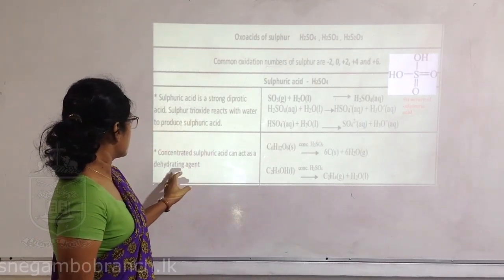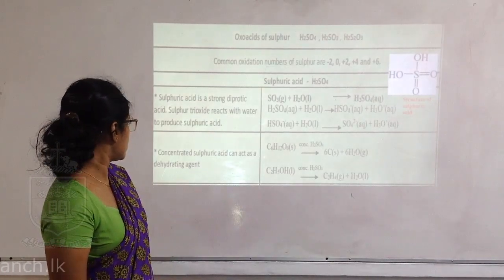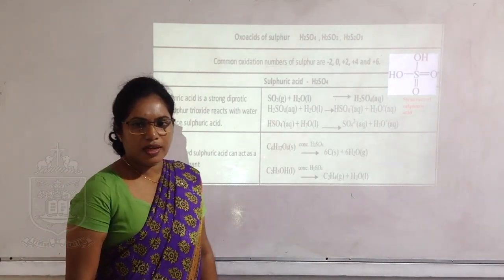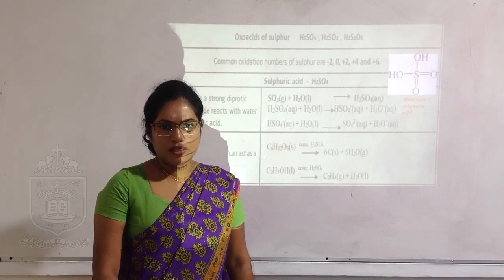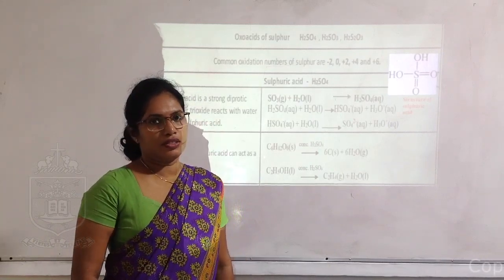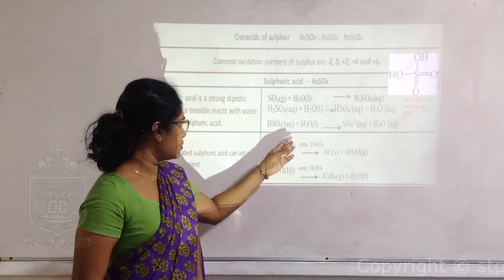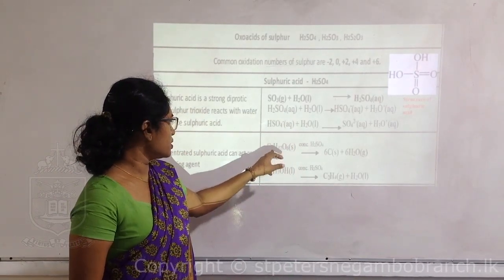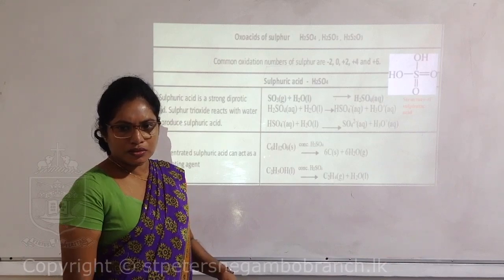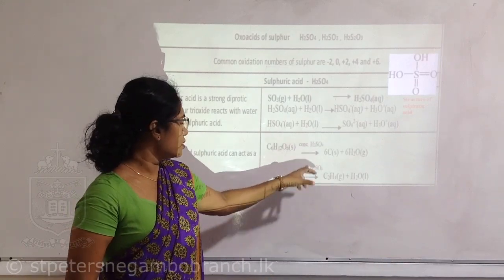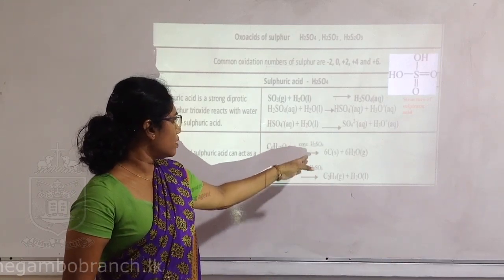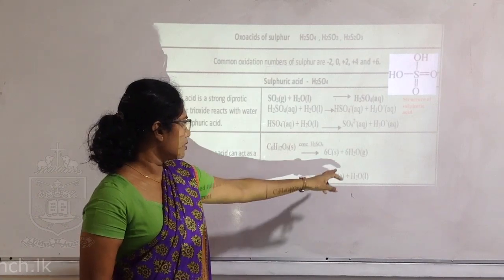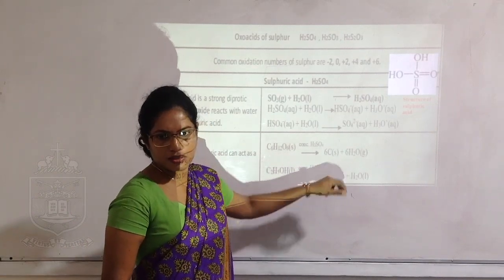And concentrated sulfuric acid acts as a dehydrating agent. There are two examples: glucose and ethanol react with concentrated sulfuric acid and get dehydrated.